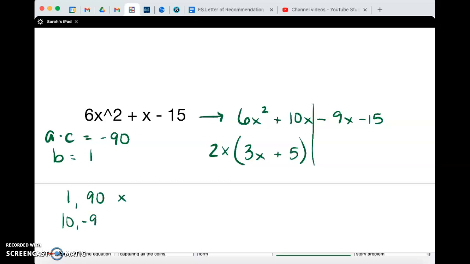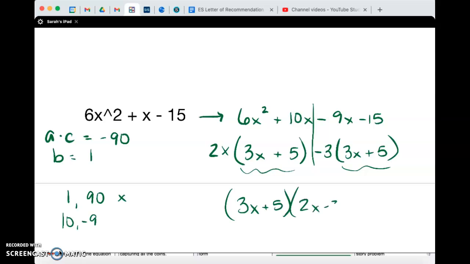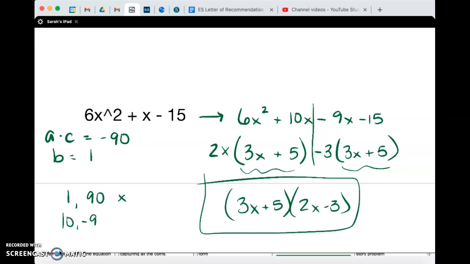Factor out negative 3. So that would be 3x plus 5. And once again, we have these parentheses that are identical, so we know we did it right. So then you'll have 3x plus 5 and 2x minus 3.